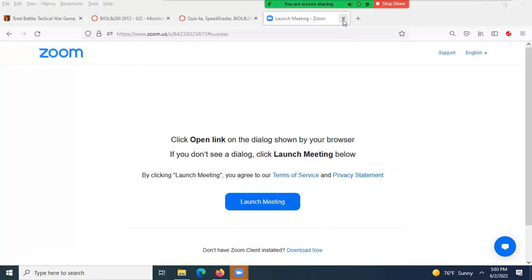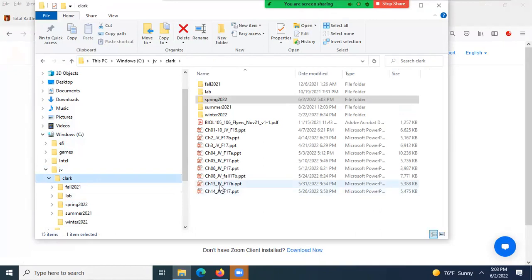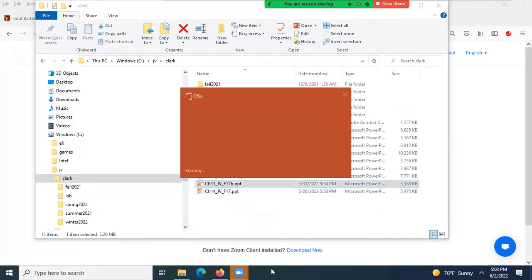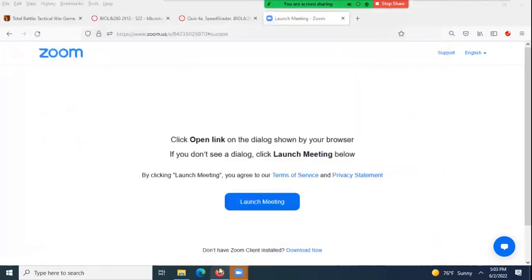Don't think we need this. Trouble is if I close this, let's go ahead and, oh, I meant to have that open. Let me get chapter 13 open. Well, that's opening. Let me close that.